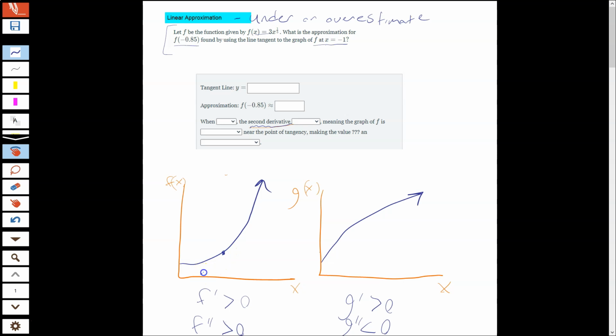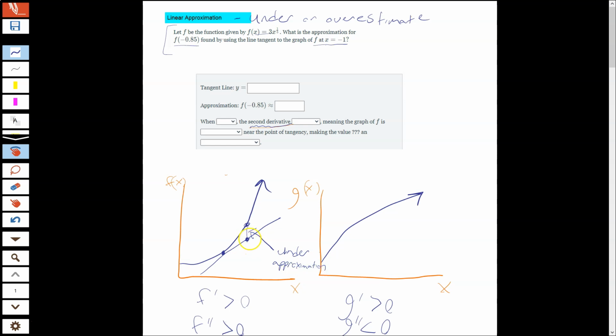So let's say I'm estimating f using a linear approximation at this point. Notice any point that I pick, my tangent line is lower than the actual function. So this tells me my estimate would be an under approximation.